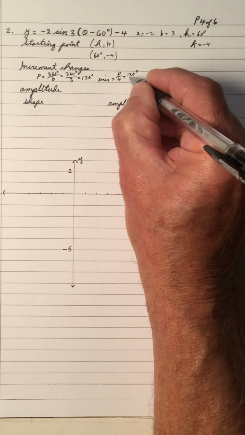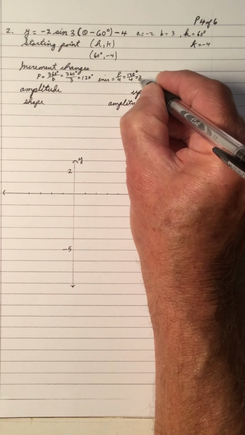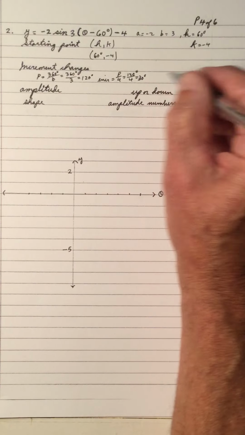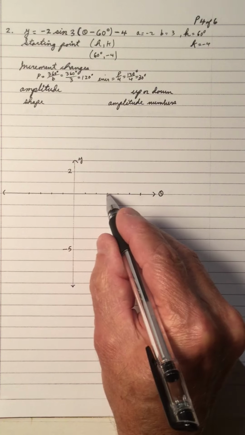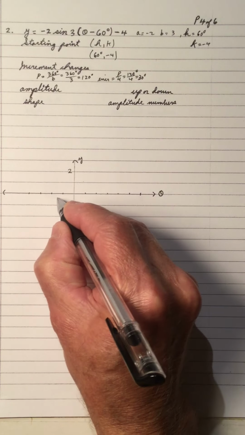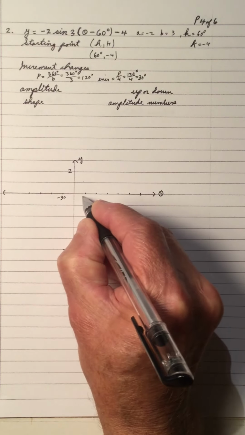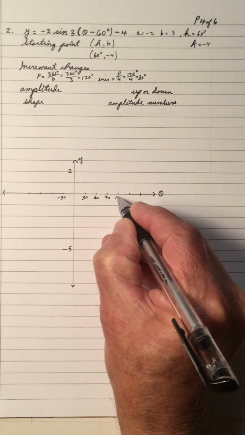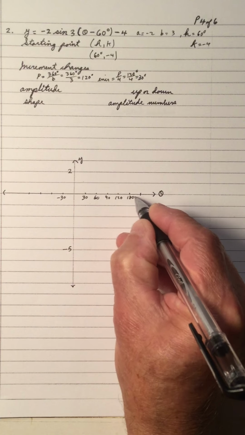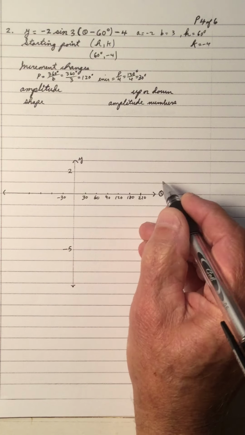So it's 120 degrees divided by 4. So we're going to the right 30. So that means we have to have these markings in 30. So if we have the markings in 30, I can put a negative 30 here. And then that's 30 and 60, 90, 120, 180, 210.